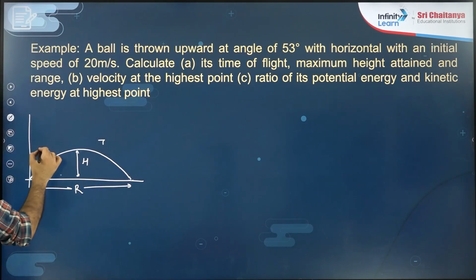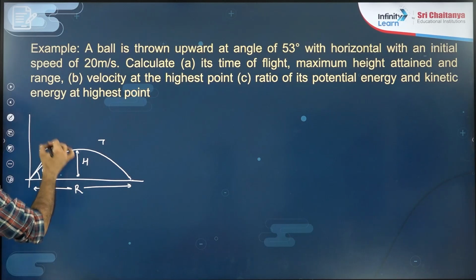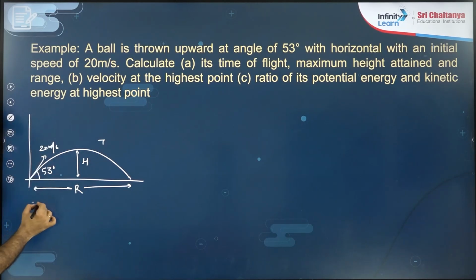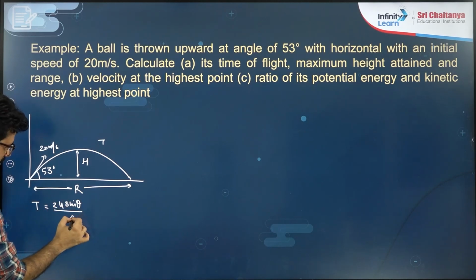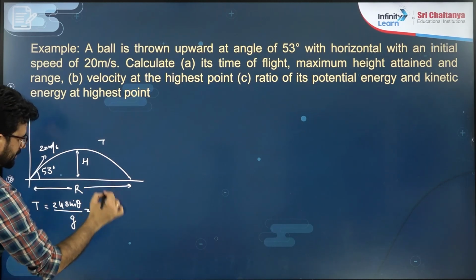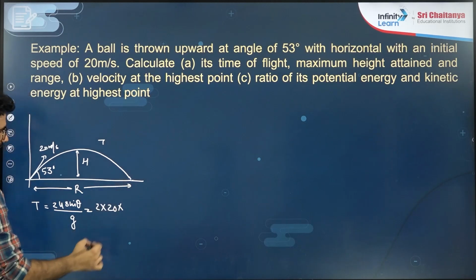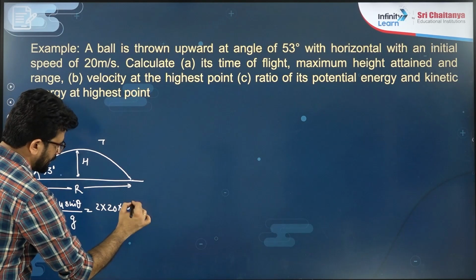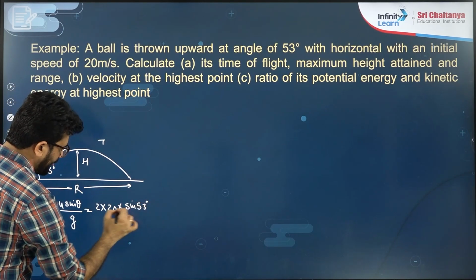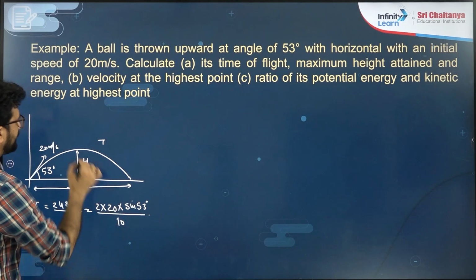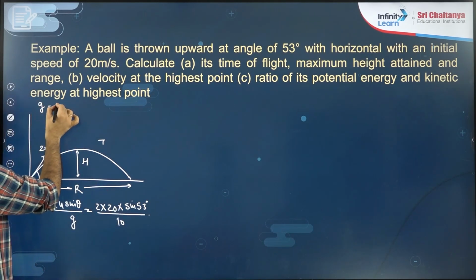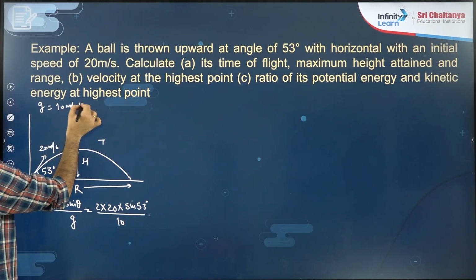So very simple. This is 20 meter per second. So what is the formula? You can apply directly. Time is equal to 2u sin theta by g. 2u, u is 20, sin 53 degree, divided by g. For simplicity I am taking the value of g as 10 meter per second square.